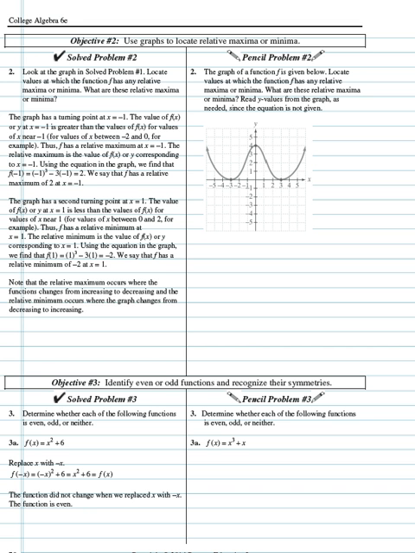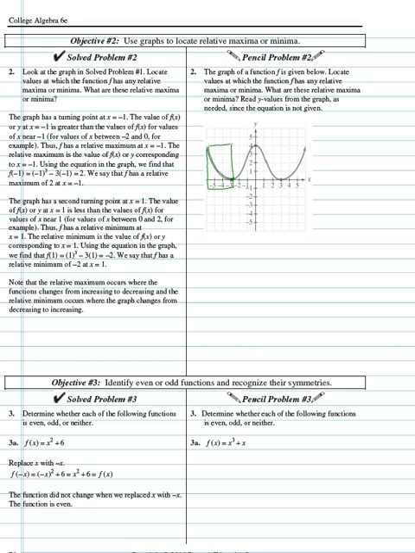So when I look at the function here, let's start from a particular interval. I'm starting from this side. The function is going down, down, down, down until -3. So for this part here, the relative minimum is going to be at -3.